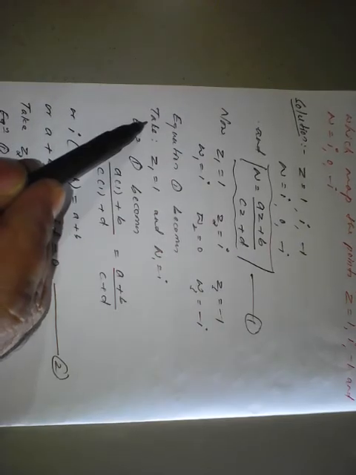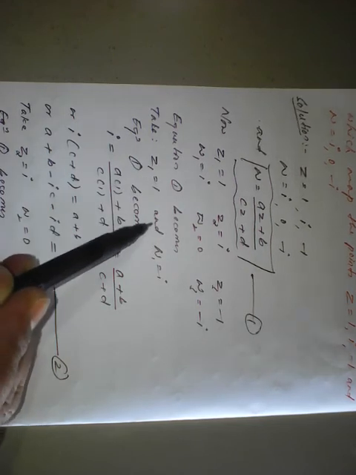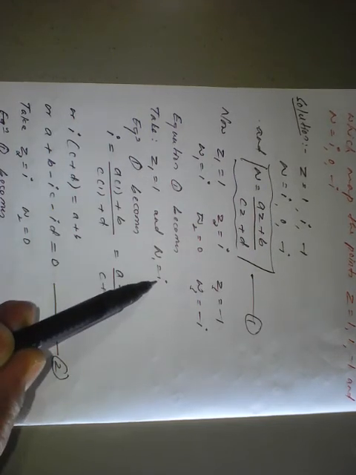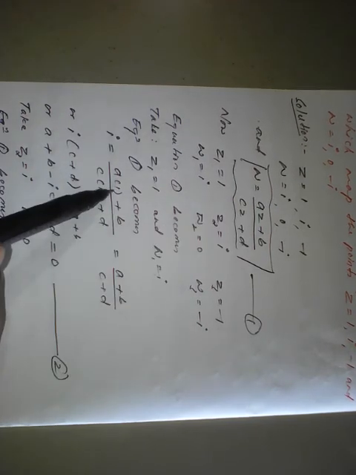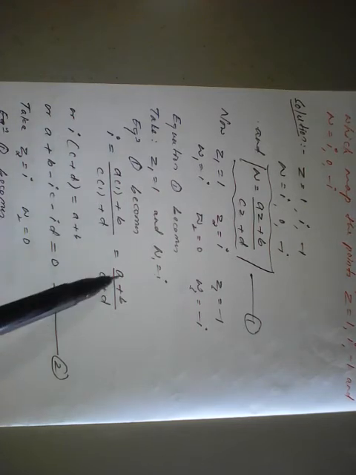Now first I will choose z1 and w1. z1 is equal to 1 and w1 is equal to i. So apply this z1 and w1 in equation number 1. So w will become i, and z I will take as 1. On simplification we will get (a plus b) upon (c plus d).